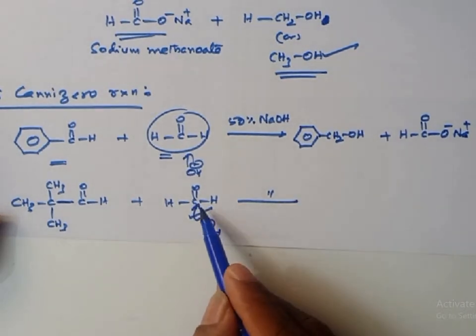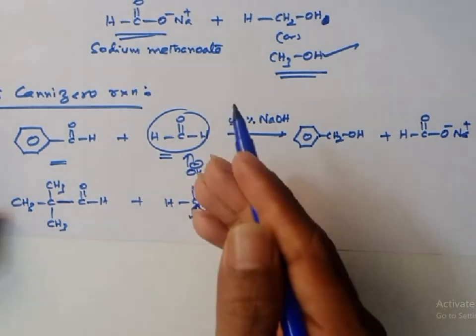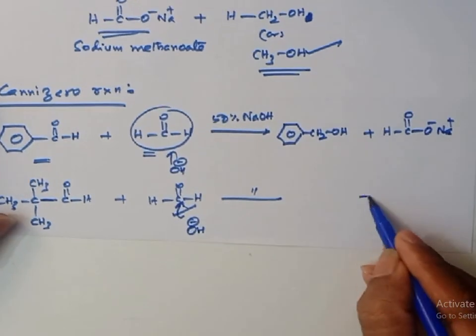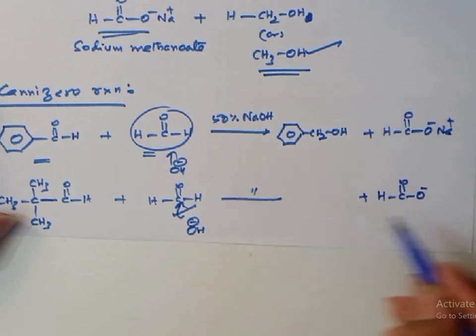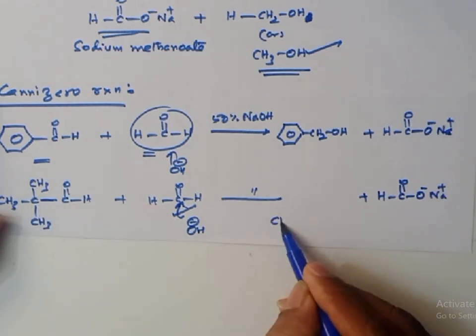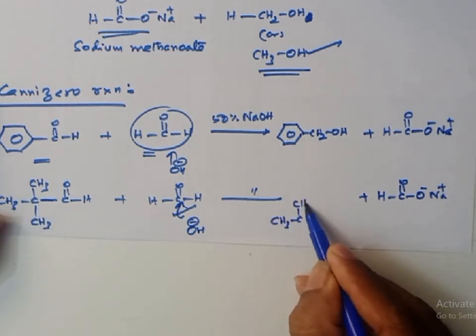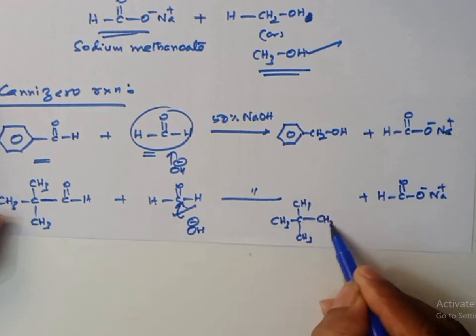Listen, the one which is attacked by OH minus faster will undergo oxidation. So you will get HCOOH, but since the medium is basic, you will get the corresponding salt. And the other one undergoes reduction. So you will get the CH3 compound, and this aldehyde group becomes CH2OH.